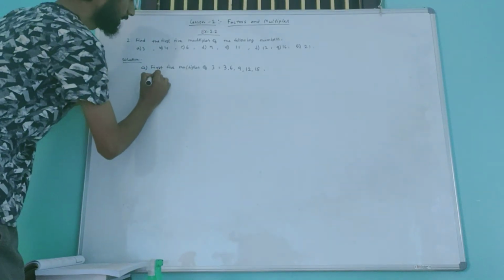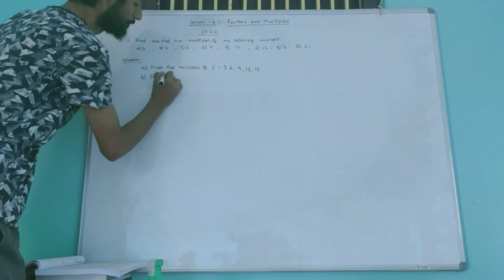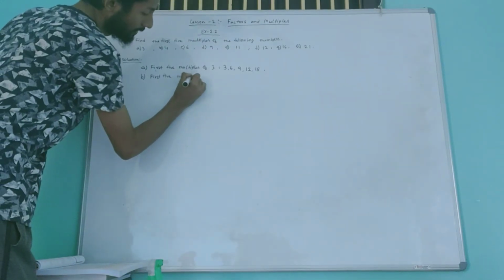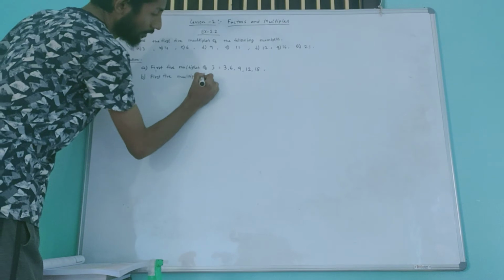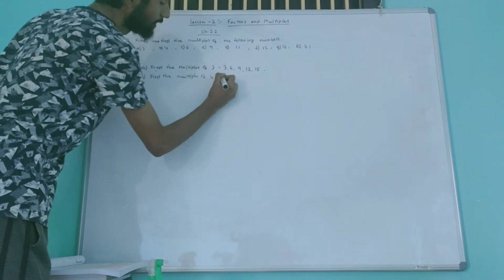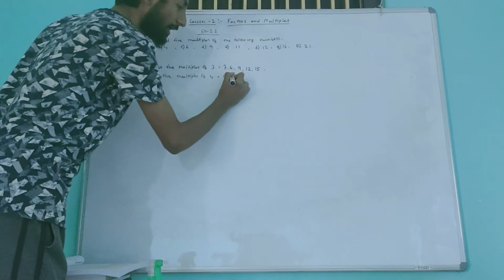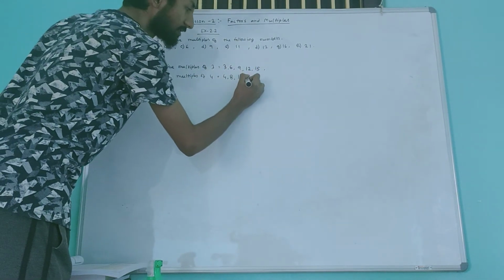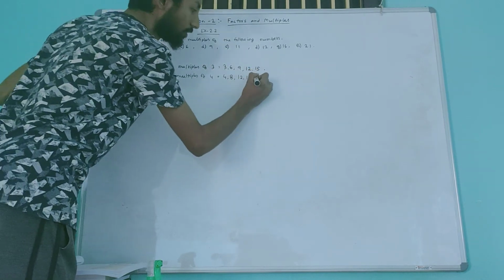Similarly, we will do the next one. First 5 multiples of 4 will be 4 ones are 4, 4 twos are 8, 4 threes are 12, 4 fours are 16, 4 fives are 20.